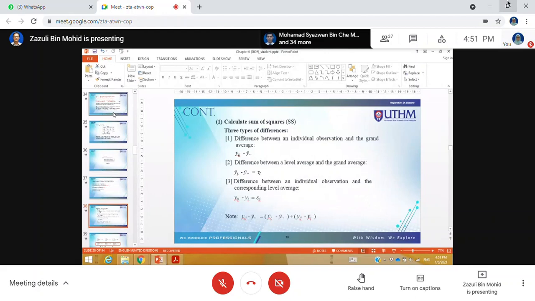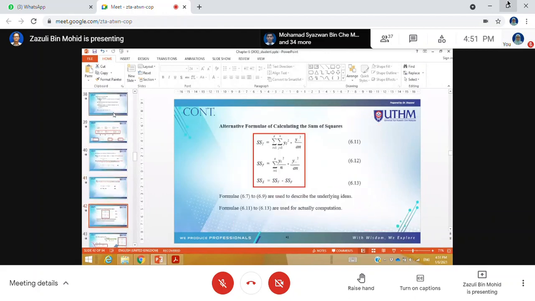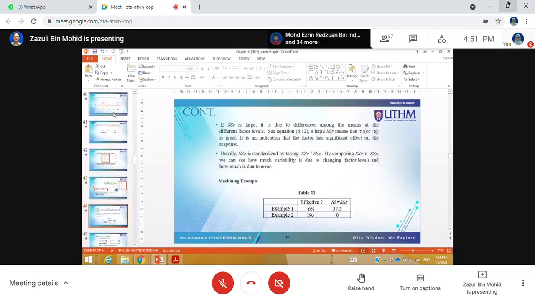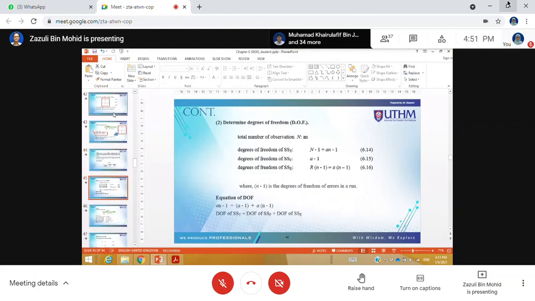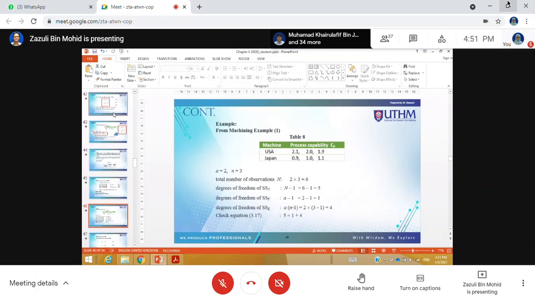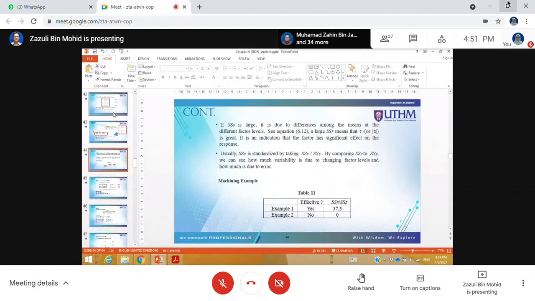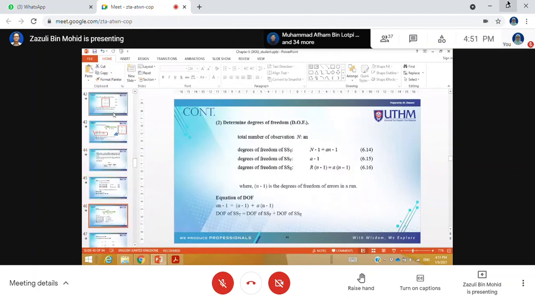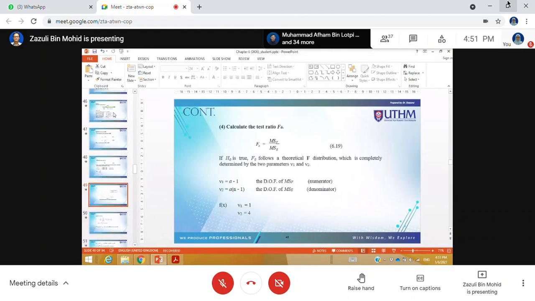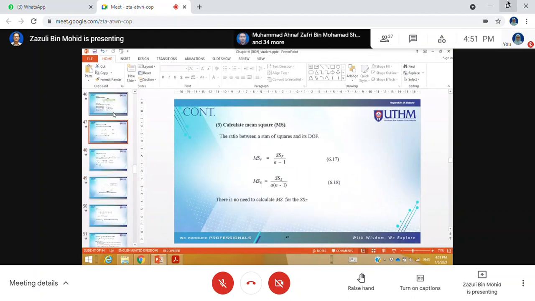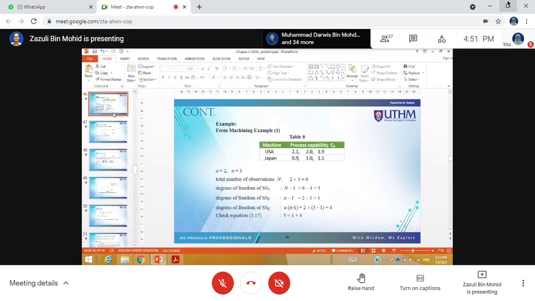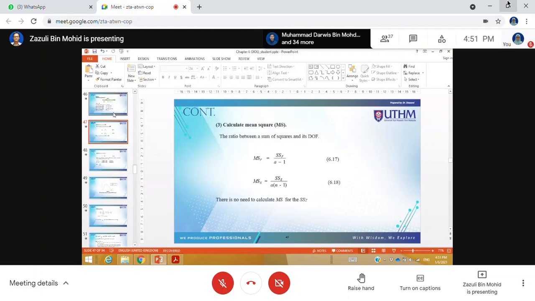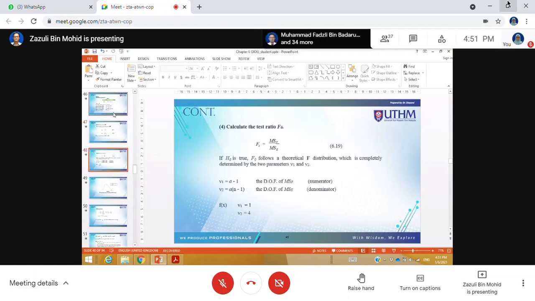We calculate the sum of square, and then we can have the ratio of sum of square, such as in this example here. Or then you can also go to the calculation of F0, but for complete calculations, usually we are going to see the F0, such as in this slide here.